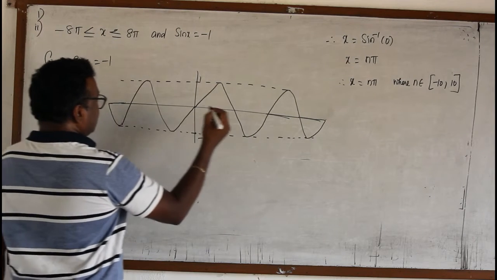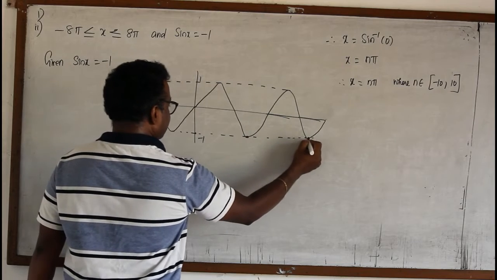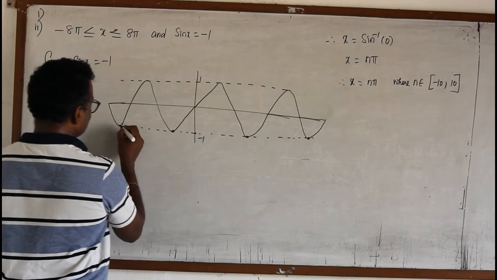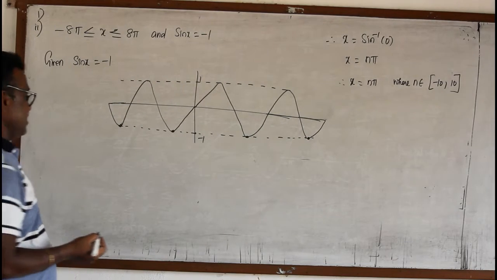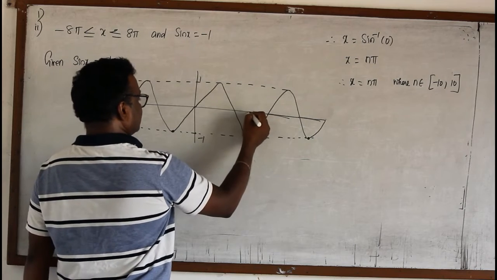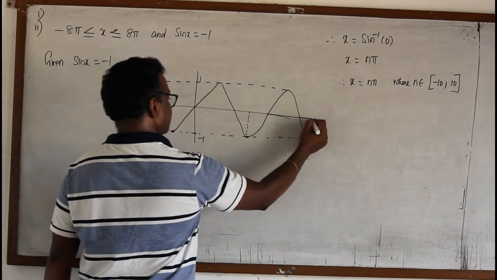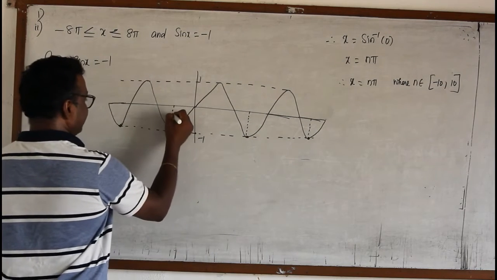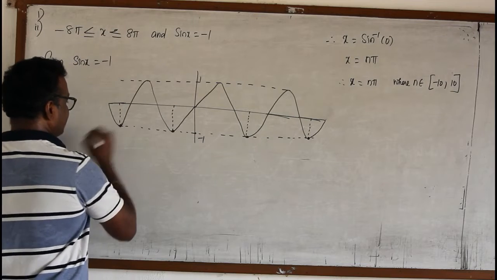Now, these are the values where it meets the x-axis. So, this is one value and this is one value. And here we have minus 1 and also here we have minus 1.